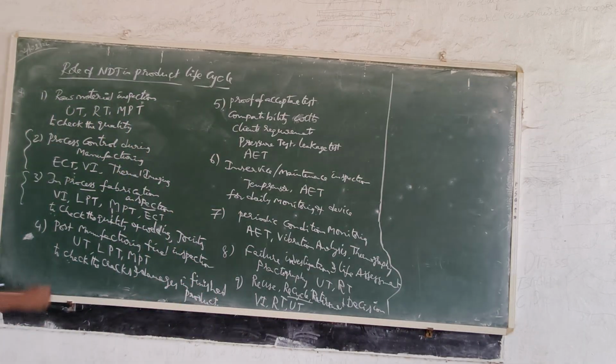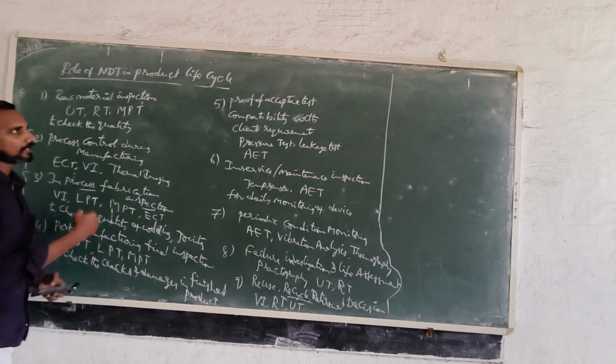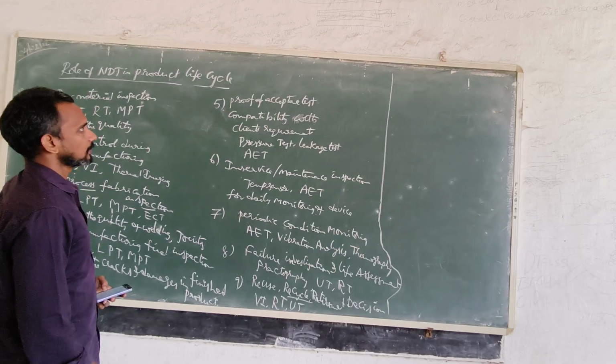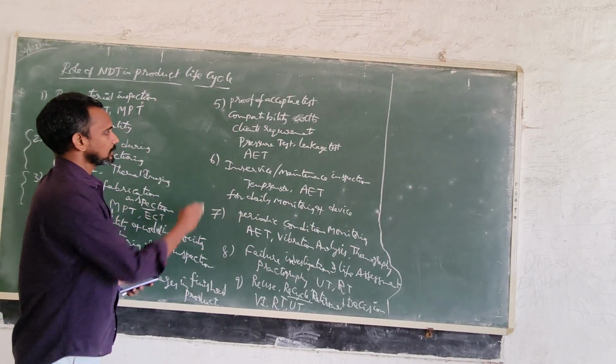So it starts with raw material selection, raw material inspection, process controlling, and in-process inspection. Stage 3. Stage 4 is final product inspection. 5. Compatibility test, proof of acceptance for the client's requirements.